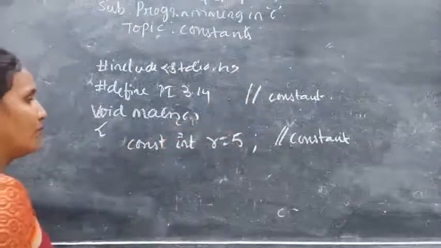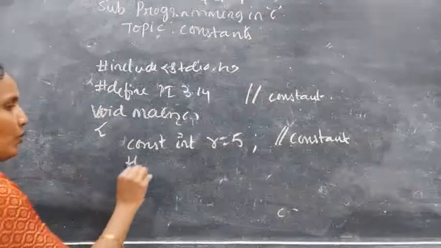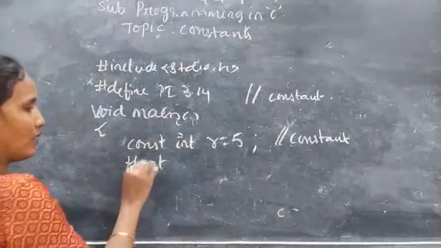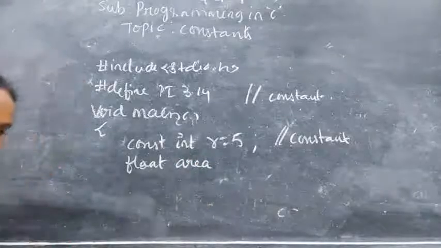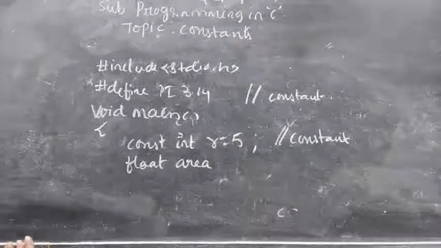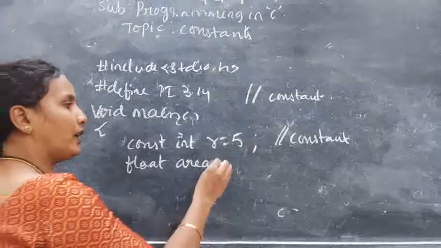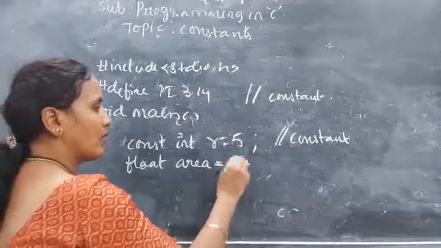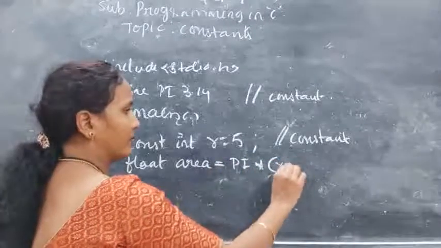Now, I want to calculate the area. Float area; I am calculating the area of a circle. Float area equals pi into r square.